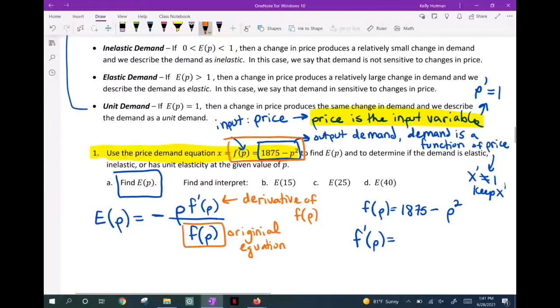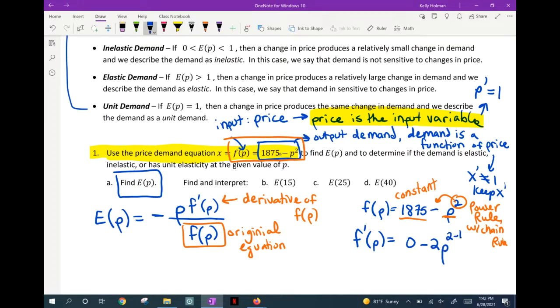Okay, so we start off with a constant. We know what the derivative of a constant is, no matter what. That's going to be a 0. And then the second part, this is set up for our power rule with chain rule. So I drop my exponent down to the front. I rewrite the base.